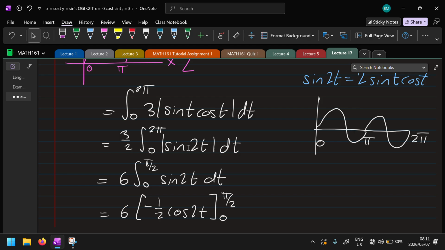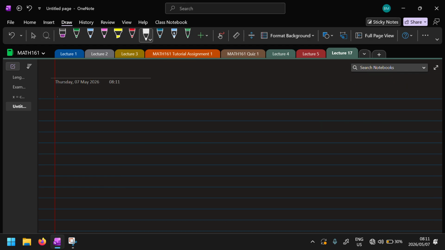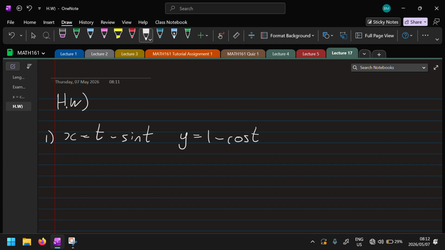All good. Okay. I've got 2 homework problems here for you. Number 1: x is equal to t minus sine t, and y is equal to 1 minus cos t, from 0 to pi.